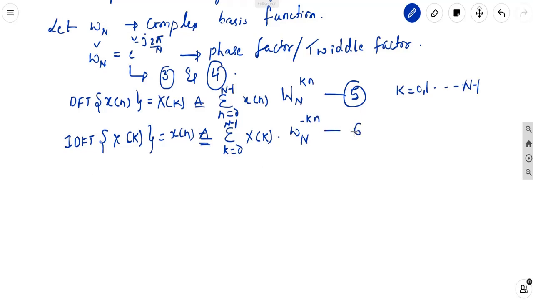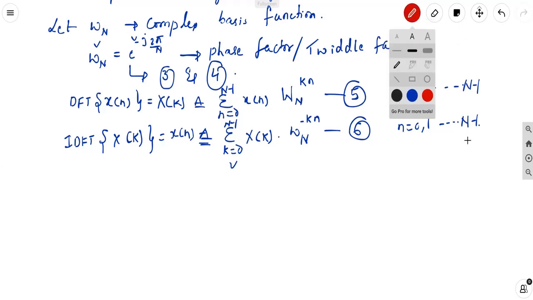This equation we take as equation 6. The range of k we have defined already, and here we have to define n equals 0, 1, up to N minus 1.